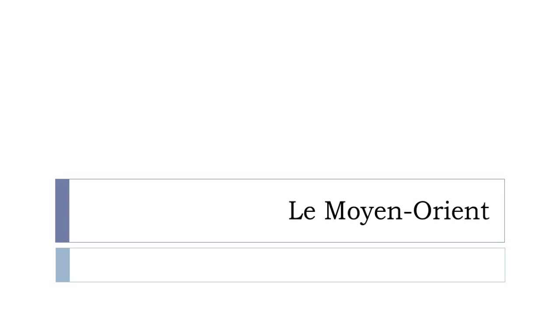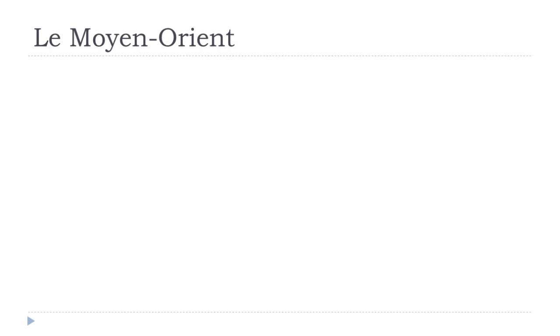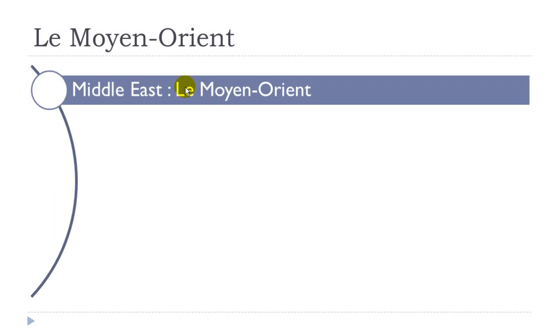Then we'll work on le Moyen-Orient, the Middle East. Let's start. Le Moyen-Orient. It's interesting here because normally if you would have only this word, you would pronounce it moyen, but as you've got this vowel after, you make the liaison between the two. Le Moyen-Orient.